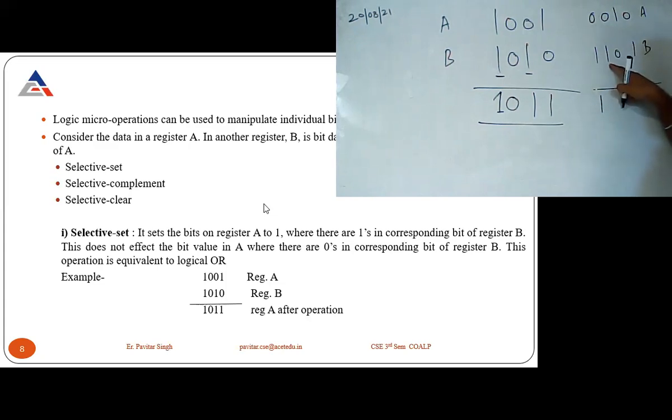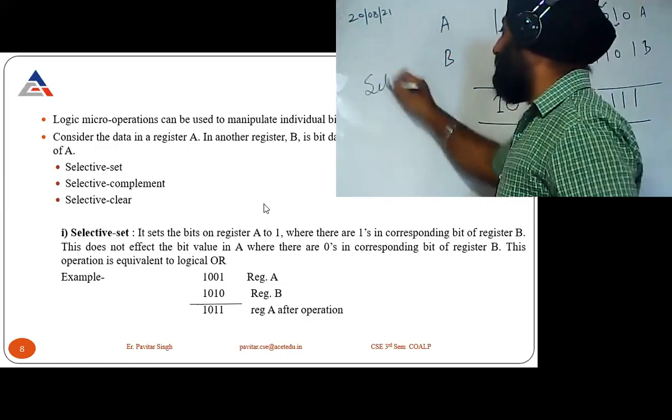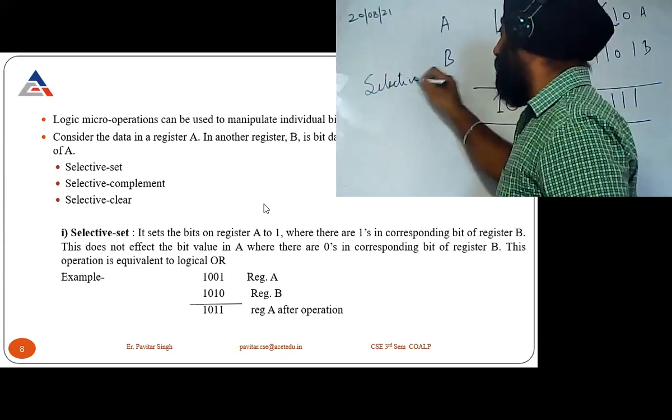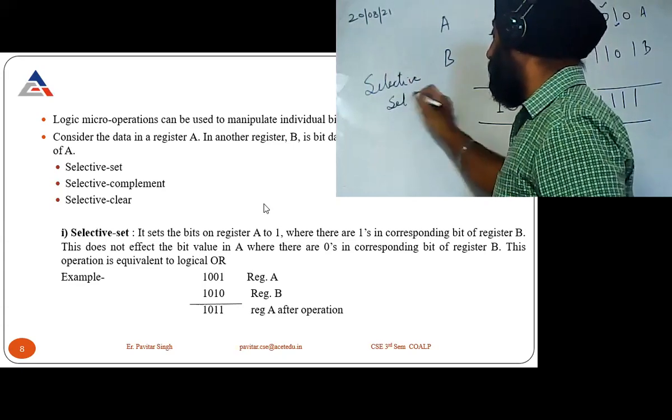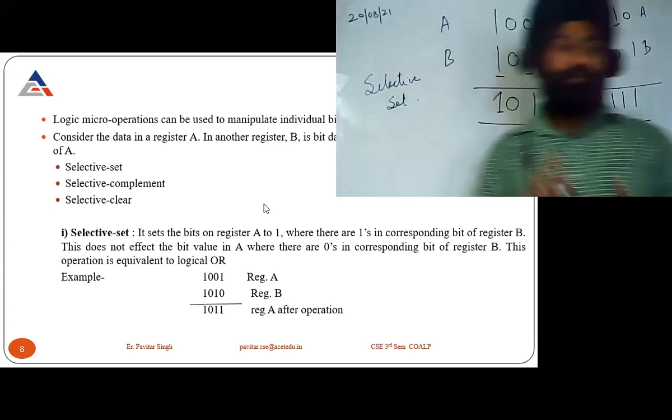Again, here is 1 but the bit in A is 0, so again the answer will be 1. For 0, it will remain the same. For 0, it will remain the same. Again, for 1, the bit corresponding in A is 0, so again there will be 1. So this is your answer. This is your selective set operation, right?